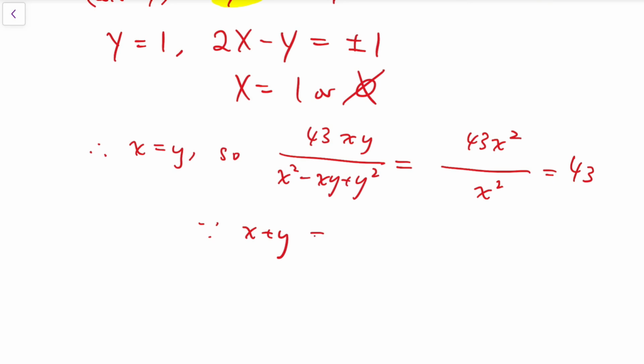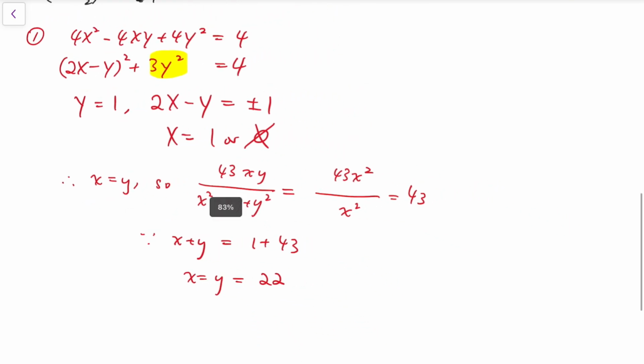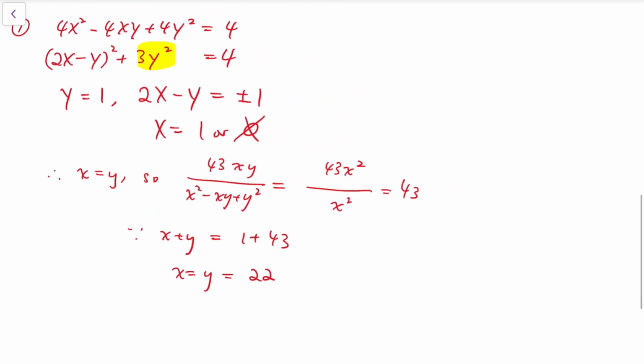Now, x plus y has to be 1 plus this number, 43. So both x and y have to be 22. So that would be the solution when that quadratic equals 1. This is the first case.